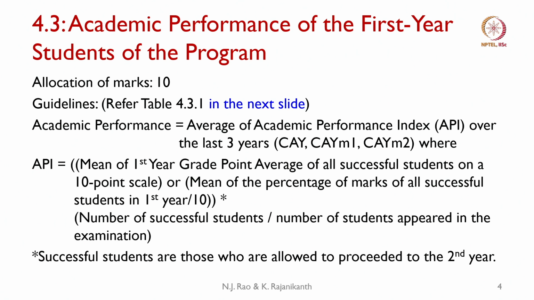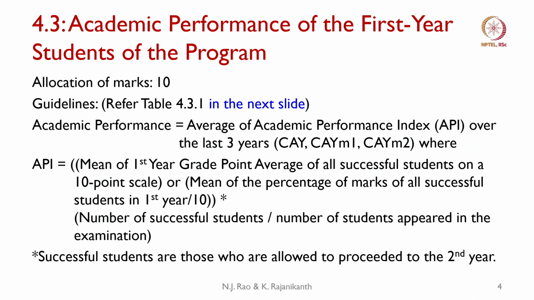The academic performance is taken as the average of the academic performance index, or API, over the last 3 years: current academic year, year -1 and -2. The API is computed as follows: if the institute is following a grade point average, it is the mean of the first year grade point average of all successful students on a 10-point scale.